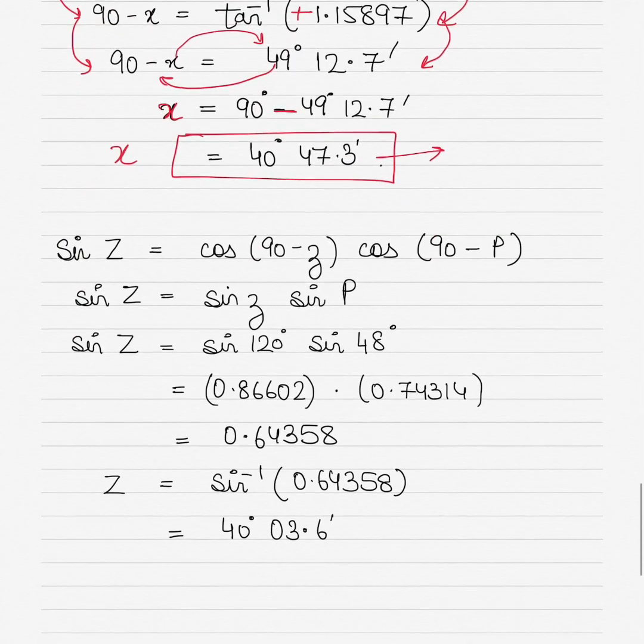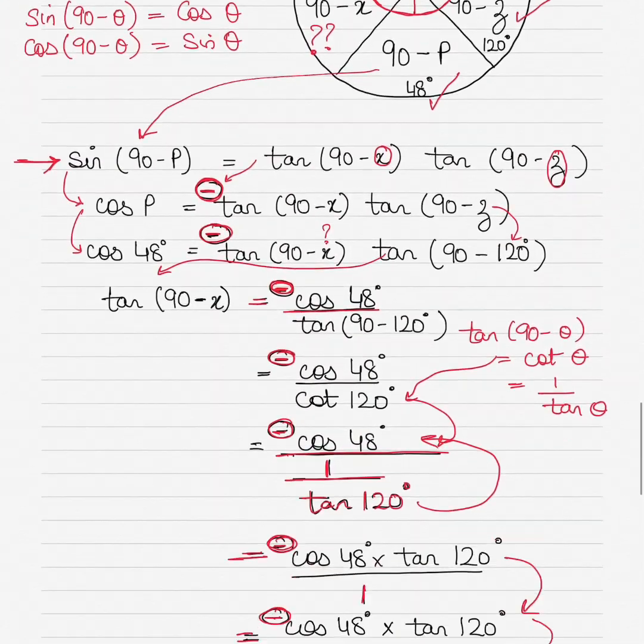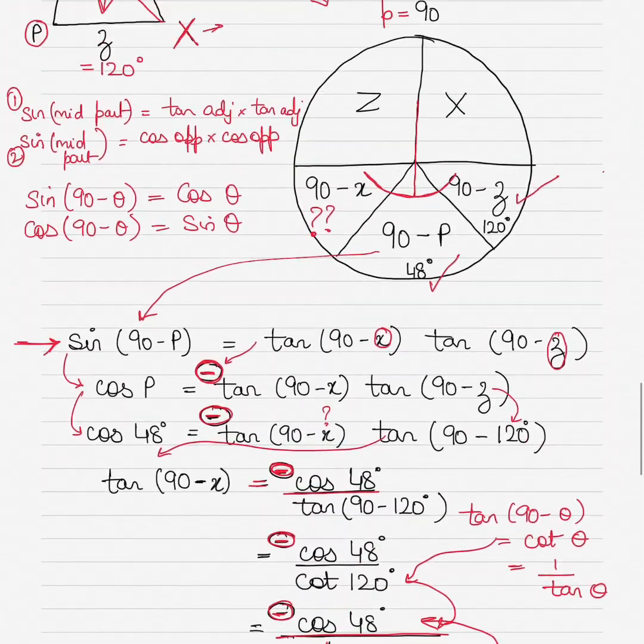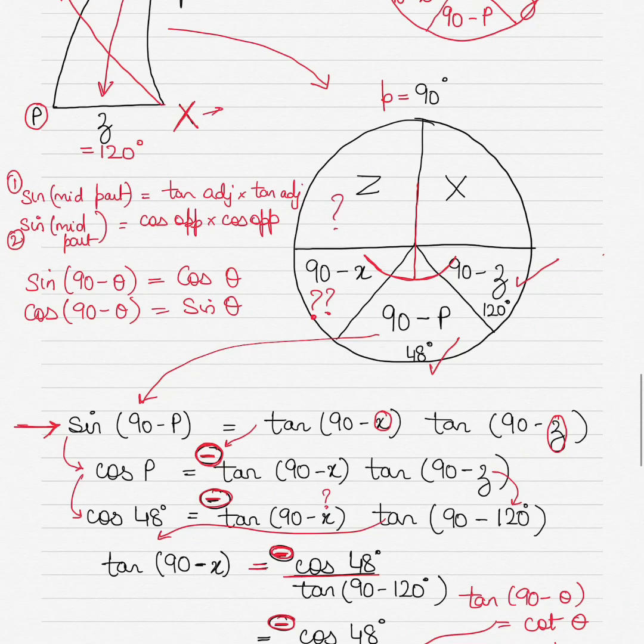Alright, that happens with the sine values. So the next thing we'll do is find out the value of angle z. We need to find angle z using the values which are given to us.